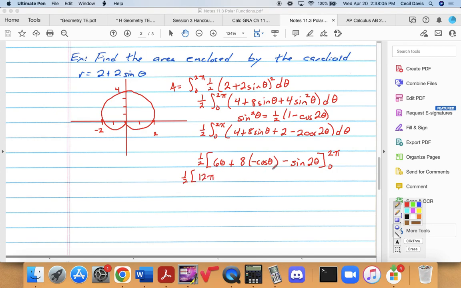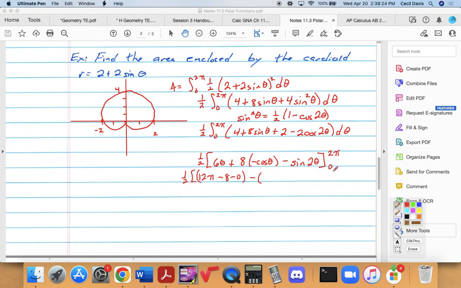Cosine at 2 pi is 1, so this will be minus 8. Sine at 4 pi will be 0, so that's minus 0. Minus, and be careful, this is sine and cosine.